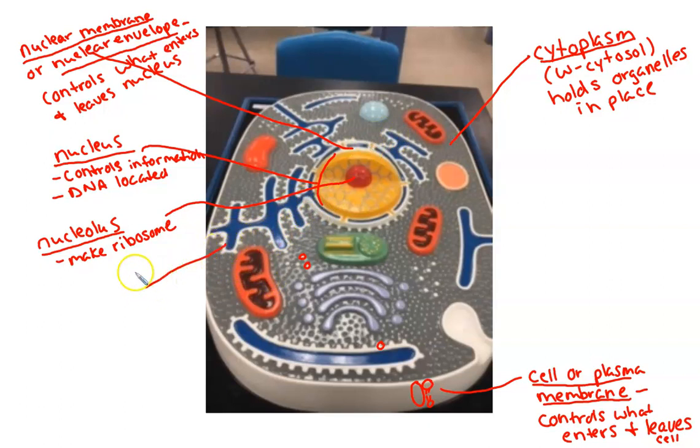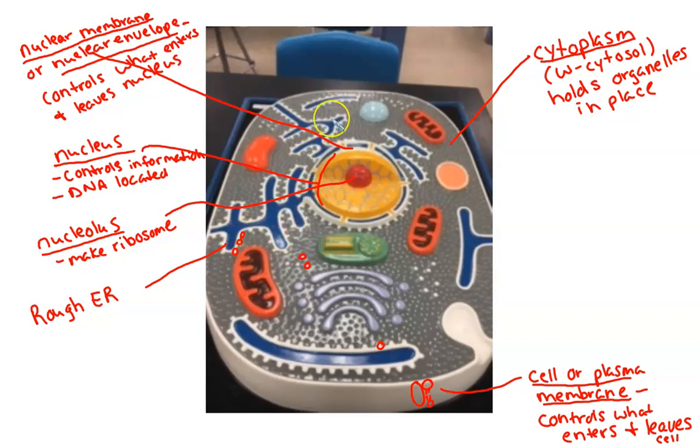As we move on, let's talk about this blue highway looking thing here. This is called the rough endoplasmic reticulum, but you may just call it the rough ER. The reason it's rough is because it has these attached ribosomes on it.